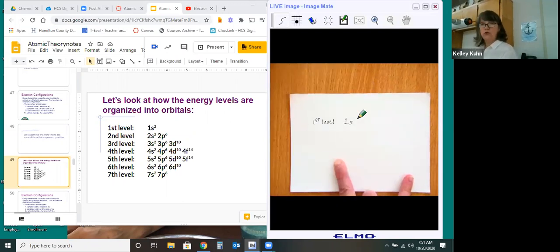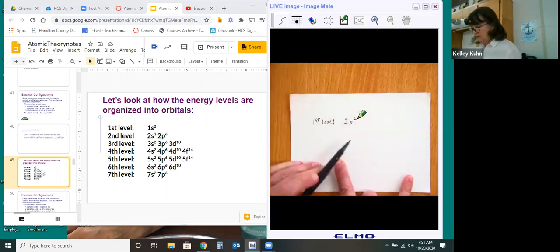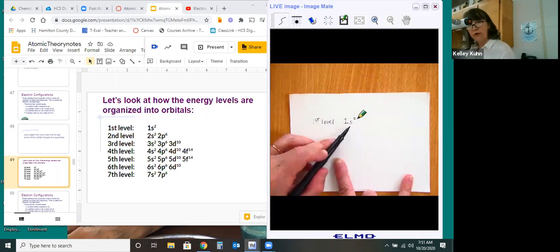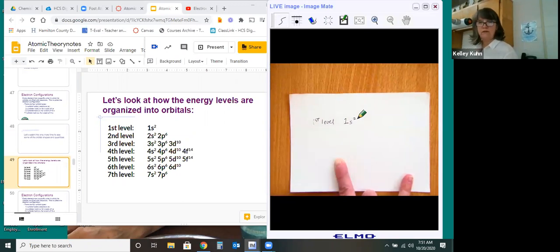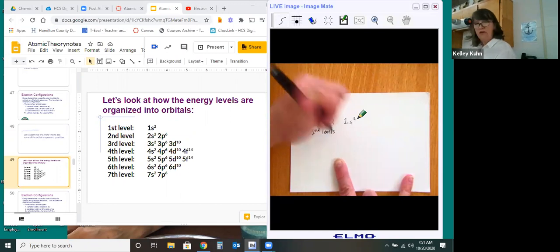And because it holds 2 electrons, we put a superscript of 2. And what this means is the s orbital on the first level holds 2 electrons. Now, on the second energy level, we have another s orbital.